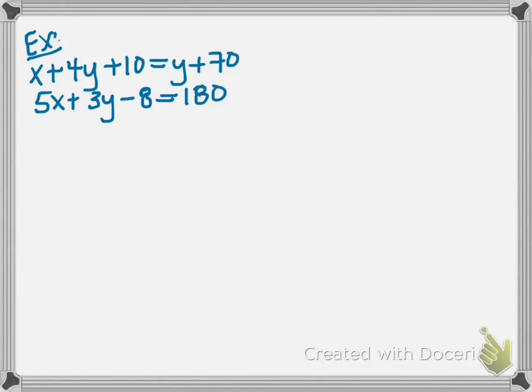So anyways, what I was saying is we need to clean up these equations, combine some like terms, so we can really see what it is that we're looking at. Let's look at the first equation. What we need to do, we need to get our y's together, and we need to get our constants together. So let's rewrite it.